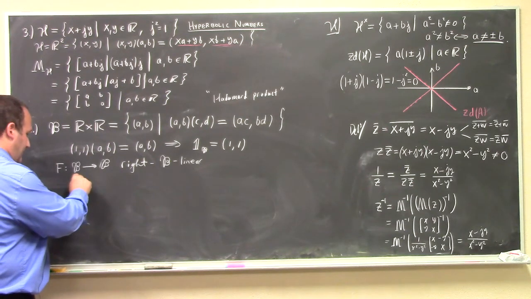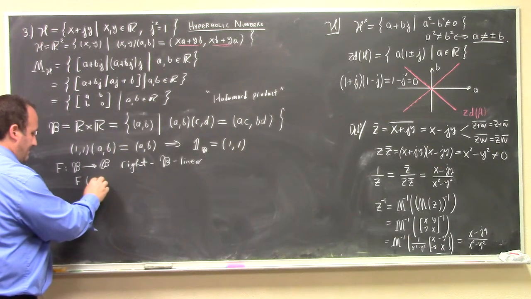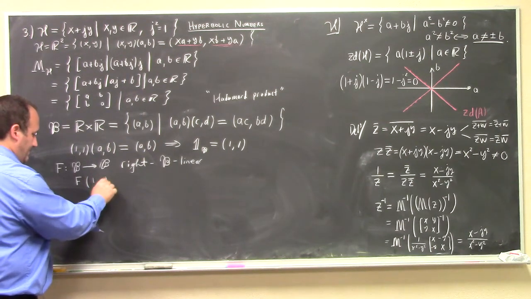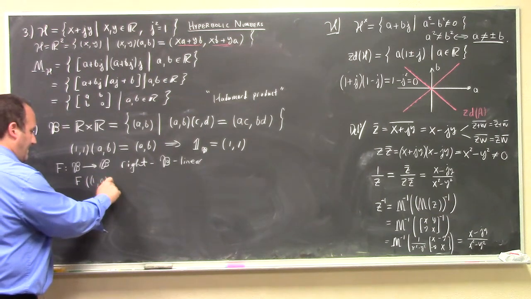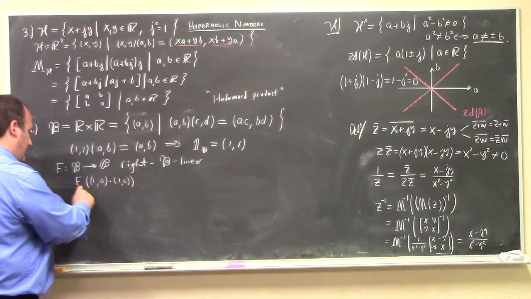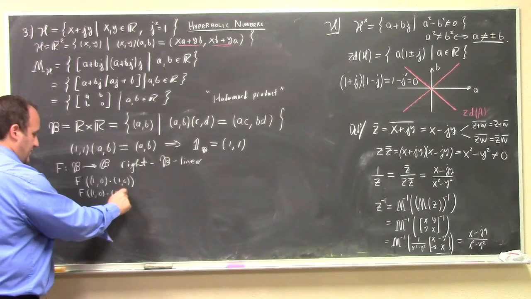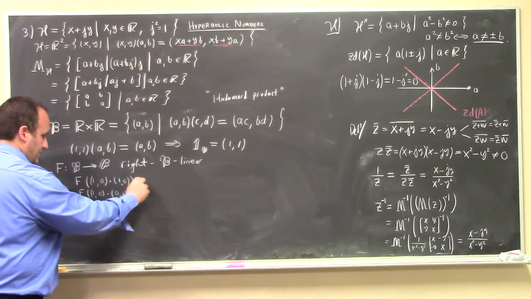We'd have F of 1, 0 times 1, 0, and F of 1, 0 times 0, 1. I mean, we could do these things, right?